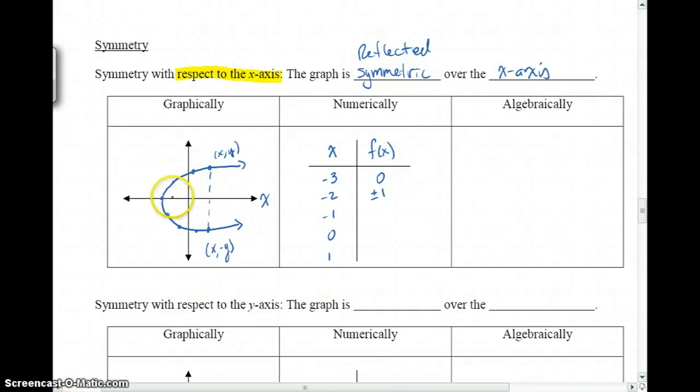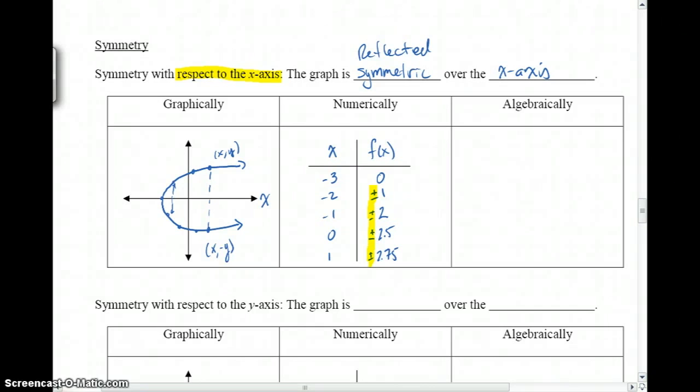There would be two values, up and down, a positive value and a negative value. At negative 1, let's say that is plus or minus 2. At 0, let's say plus or minus 2.5, and at 1 plus or minus 2.75. I am totally making these up, but the key here are the plus and minus values.